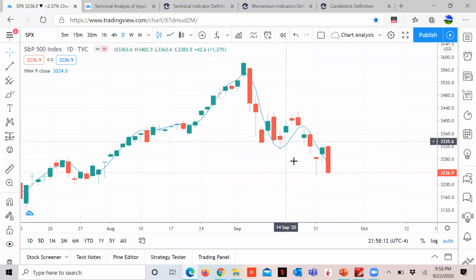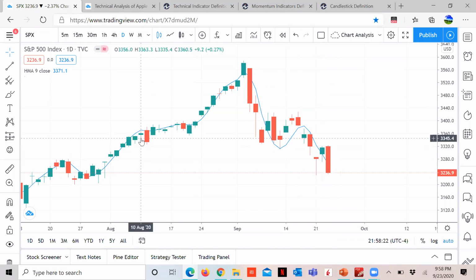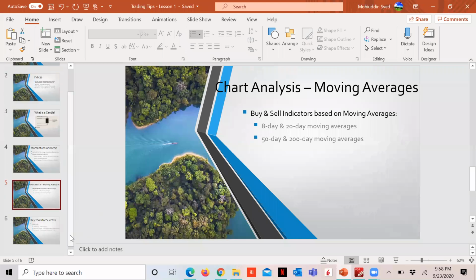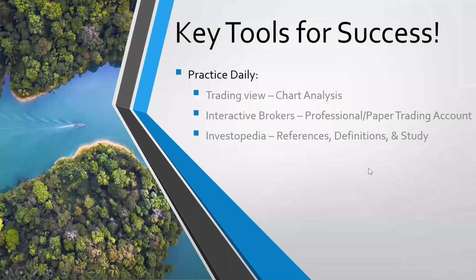But for now, green or red based on the previous days, more buying, more selling, what the Hull moving average is, and what the regular moving average for 8 and 21 is based on the Fibonacci numbers. And the last thing, TradingView for chart analysis.